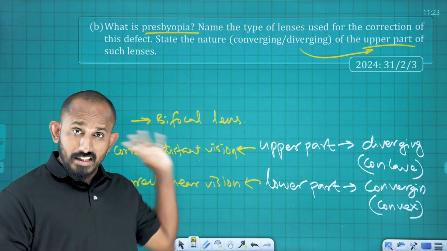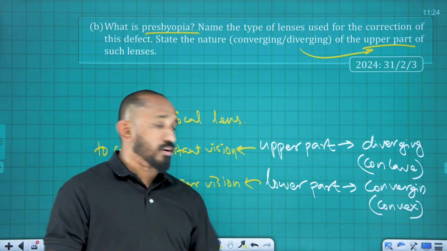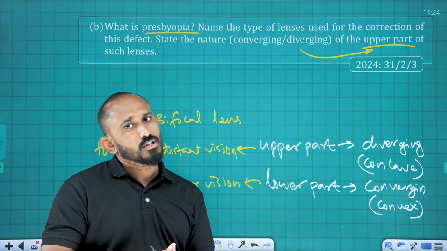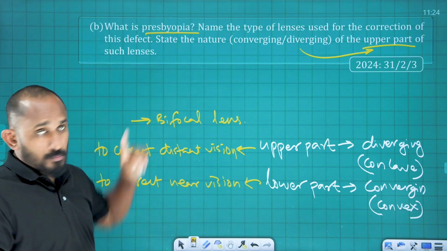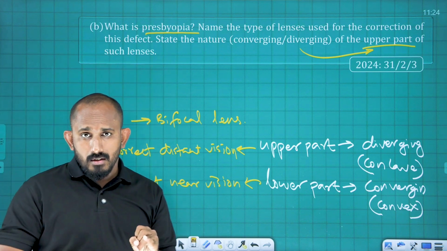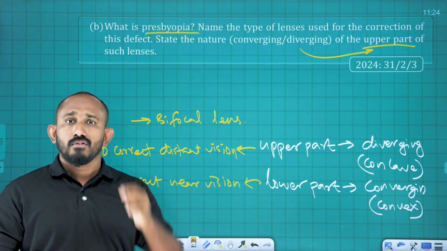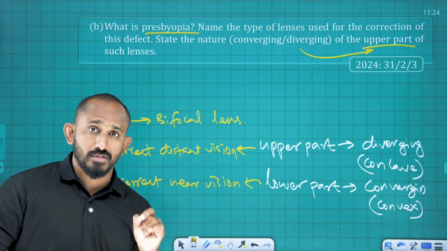To correct the distant vision, means he is not able to see far away, you have to use a concave lens. This is a logical approach to this concept, presbyopia. Have you got it? So what is presbyopia? It is a defect in the human eye in which the person cannot see far away objects as well as nearby objects because of weakening of the ciliary muscles.